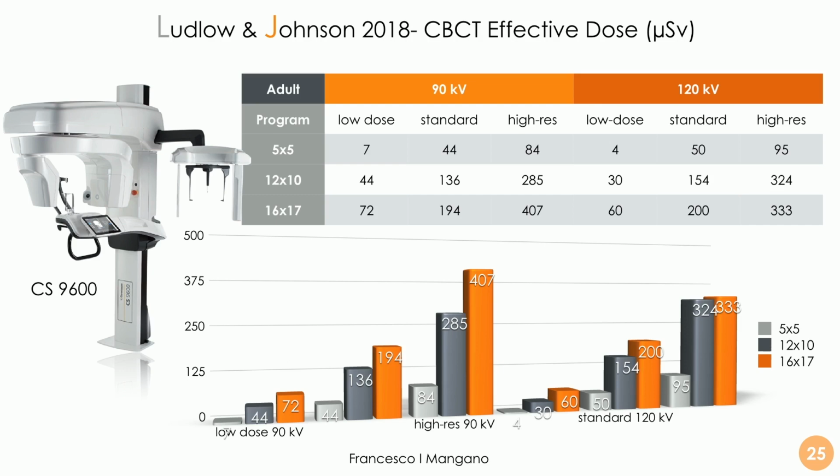So the evolution and the advancement have been amazing. If you consider that with a 5x5 program we can have a low dose of 7 microsievert, it's really impressive in this application, and from this table we can see that the evolution was amazing.